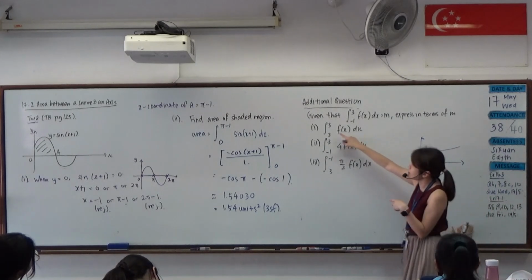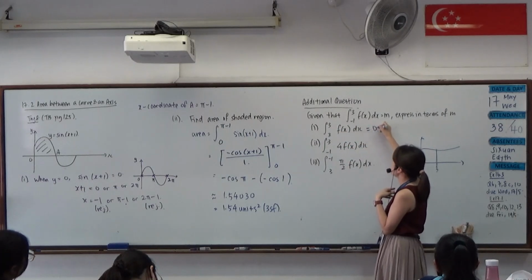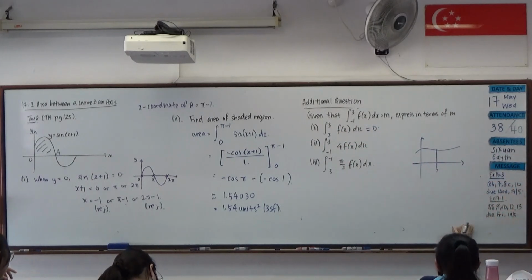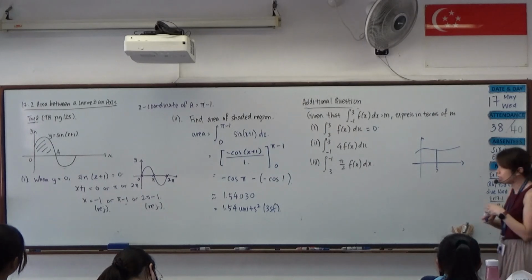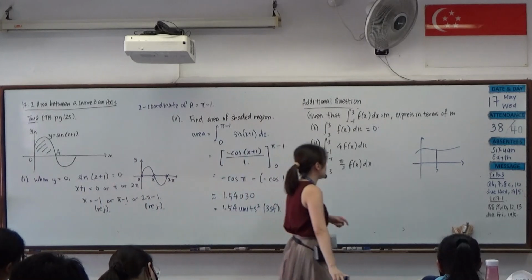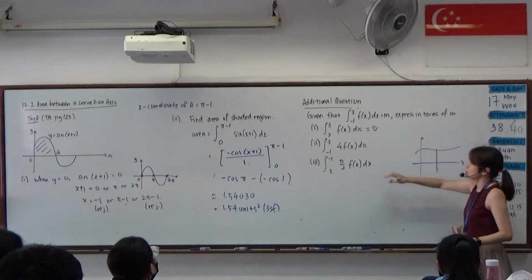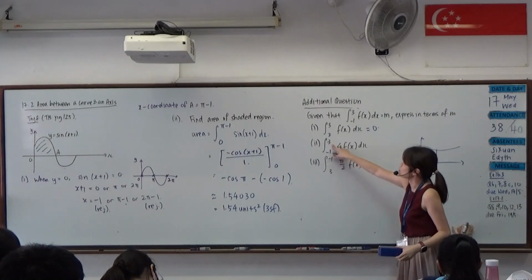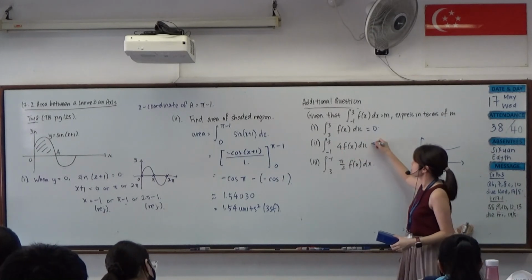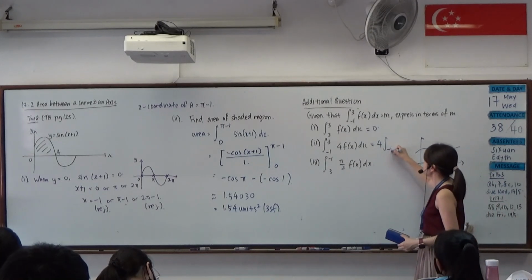Therefore, integrating from the same value for the lower and upper boundary, the value will be equal to 0. That we need to know. And then in part 2, integrating from negative 1 to 3, 4 times of f of x. We know how integration works, where we can take out the constant.